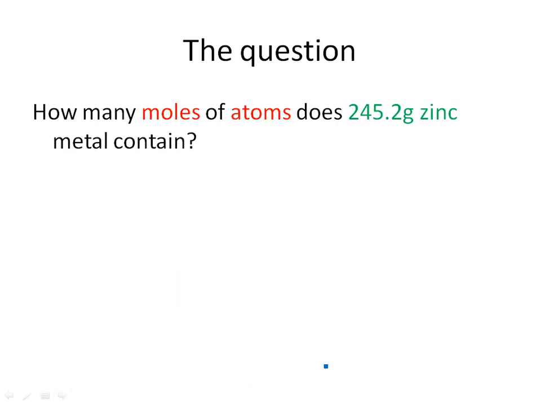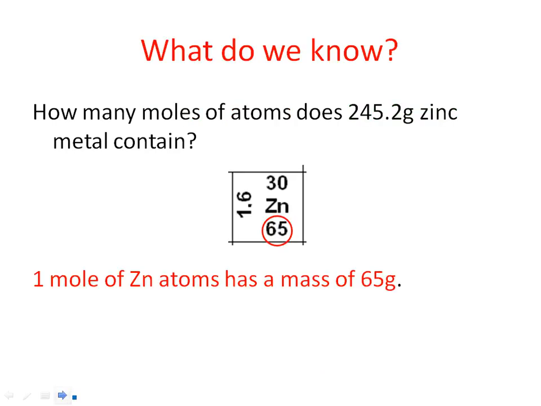What is the question we are trying to answer? How many moles of atoms does 245,2 grams zinc contain? What do we already know? From the periodic table, we know the molar mass of zinc, which is equal to 65 grams per mole.